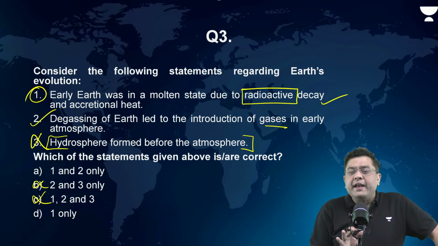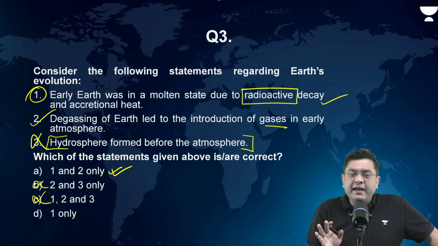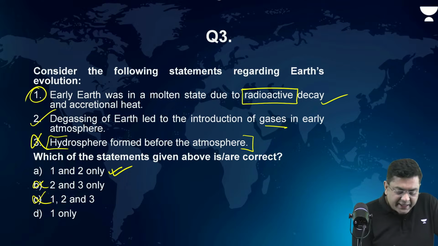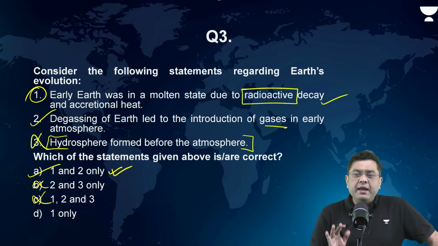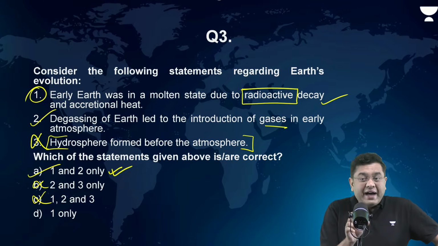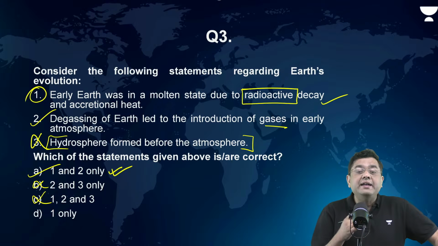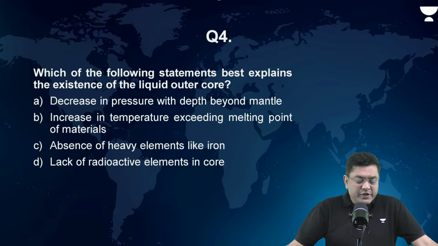I know 2 is correct. So there is only one option which satisfies that. That is basically A. The correct answer in this case would be A, 1 and 2 only. So, in case whenever you have a doubt, please go through all the options and then arrive at the answer. Then, coming on to the next question.